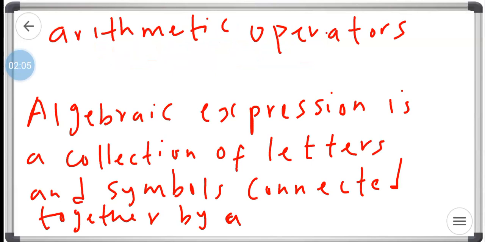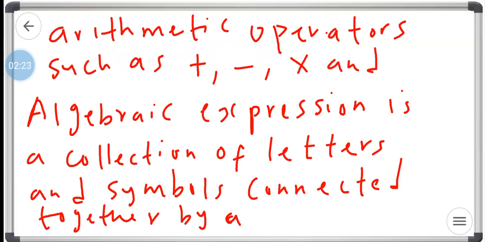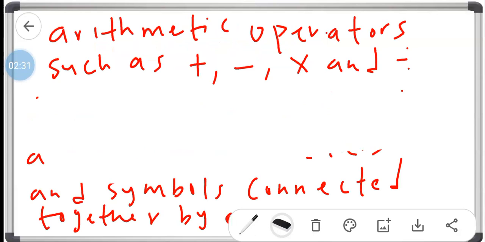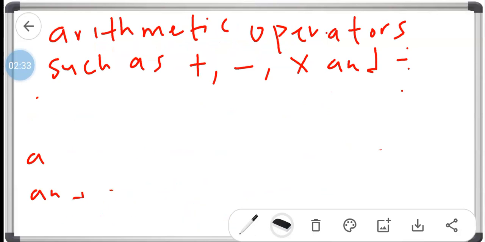Arithmetic operators such as we have the addition, we have the subtraction, we have the multiplication, and also we have the division. These are the basic operators in mathematics, also in basic algebra.